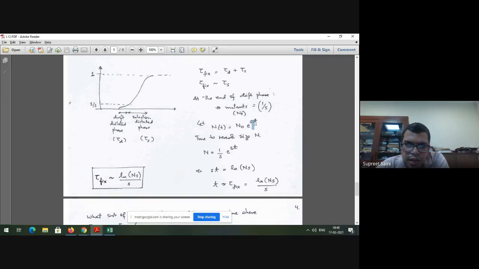I'm interested in the time it takes for the mutant to reach N. I plug N in instead of the count, take s to the other side, and take the log of both sides. So st equals log of Ns, and t, the time of fixation, is log of Ns divided by s. Does this make sense? That is tau fix.